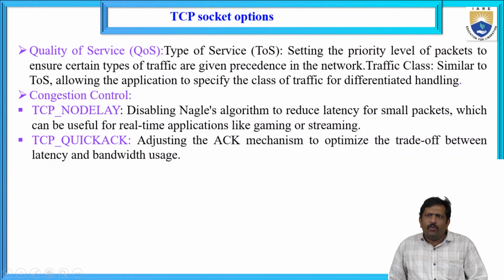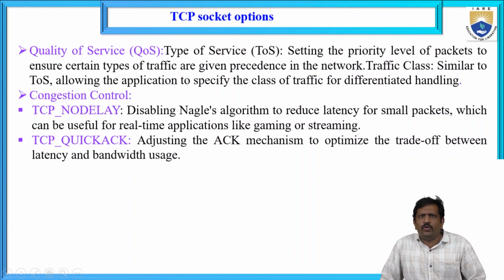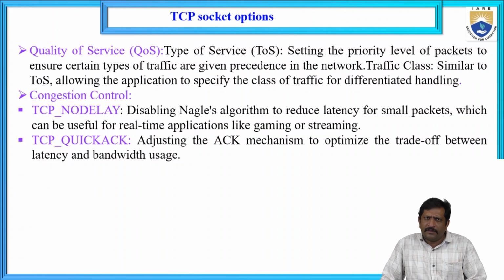That means we give high priority to qualitative packets, setting the priority level of the packets to ensure certain types of traffic are given precedence in the network. Then traffic class, which is similar to type of service, allows applications to specify the class of traffic for differentiated handling.